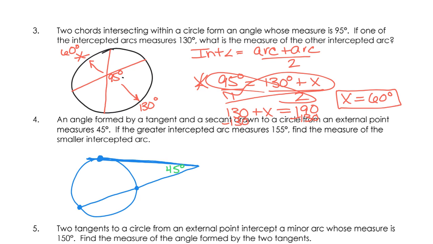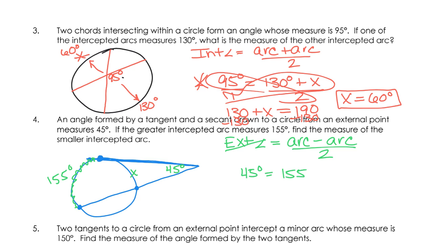If the greater intercepted arc, which is this one here, measures 155, find the measure of the smaller intercepted arc. Because we're talking about an exterior angle, exterior angle equals arc minus arc, divided by 2. The angle is 45, and the big arc has to go first, so that's 155 minus the smaller inner arc.